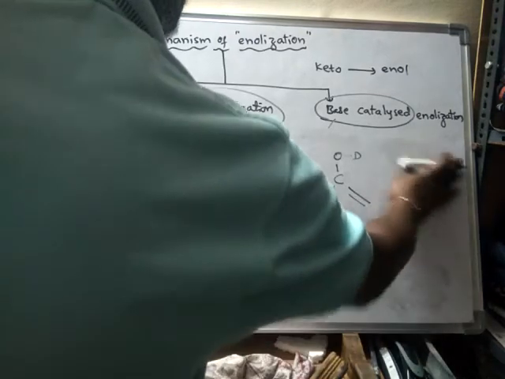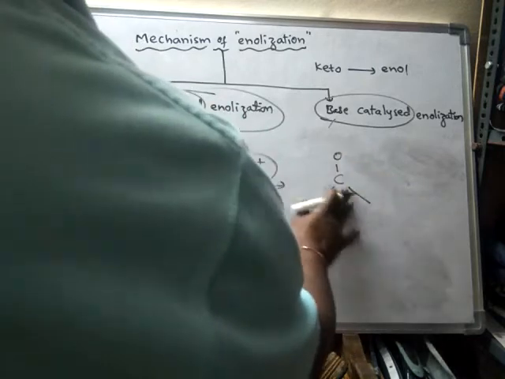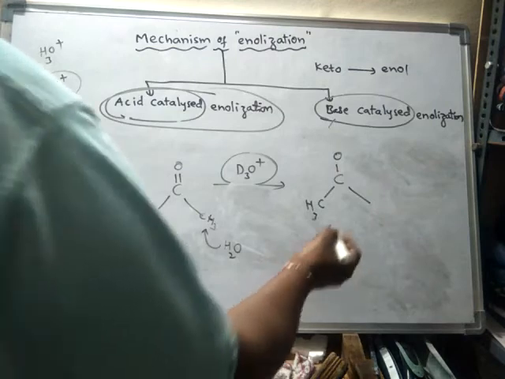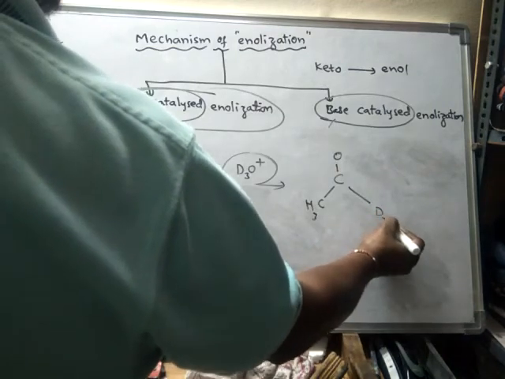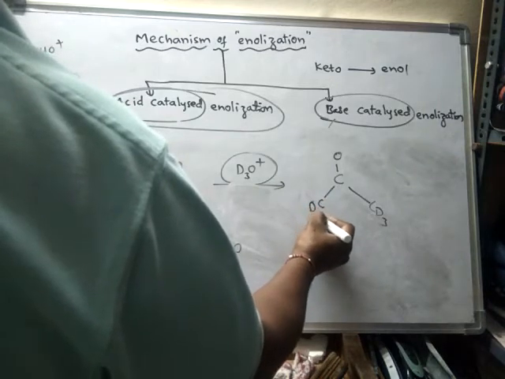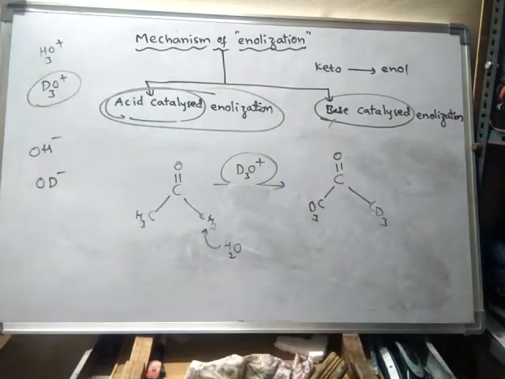I'm not explaining this entire thing here. So finally it will convert into CD3 here also, CD3, and the double bond is left over.